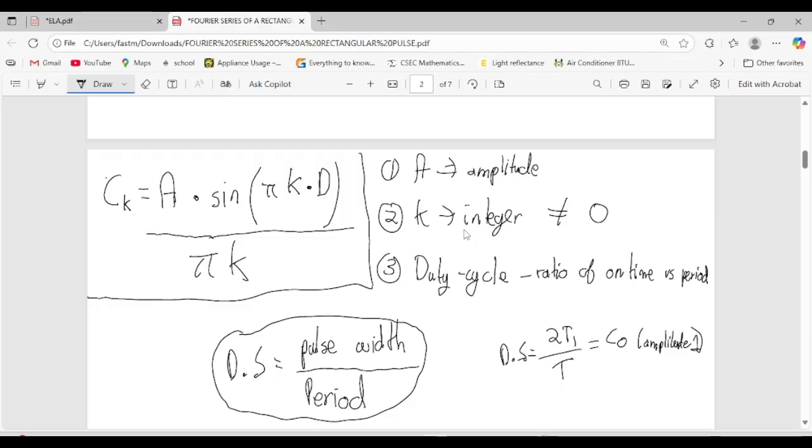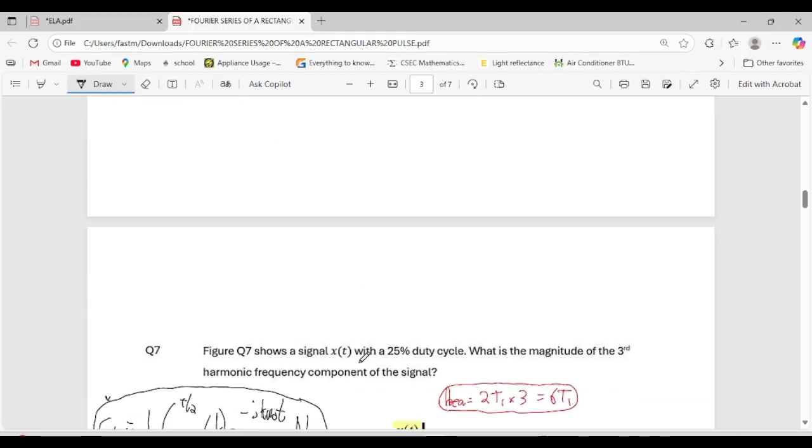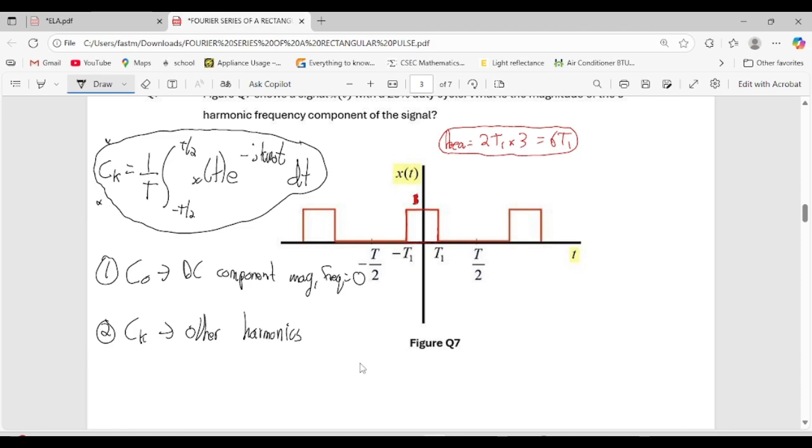The duty cycle does not. So what we learn is the duty cycle, which is D here, is the pulse width divided by the period. Let's keep that real simple, and don't stress too much about it. So if you go down to one of the questions now, you look at this. The first thing we need to get is C0.